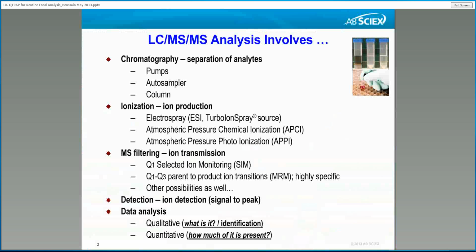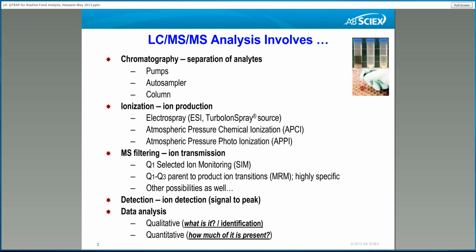As you know, in general, routine LC-MS analysis involves many steps, including chromatography. Chromatography separation of your analytes of interest from each other, but also from the matrix and from the interferences. This is very important for detection of the analyte of interest.